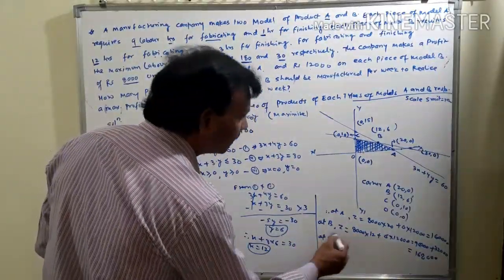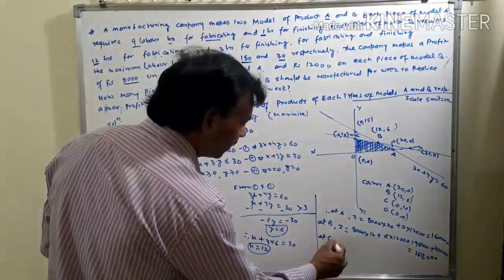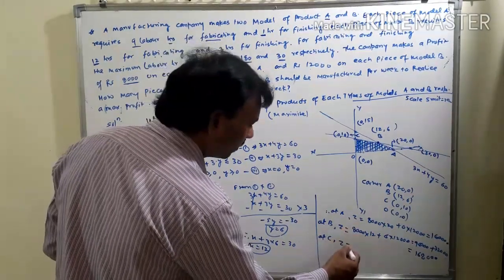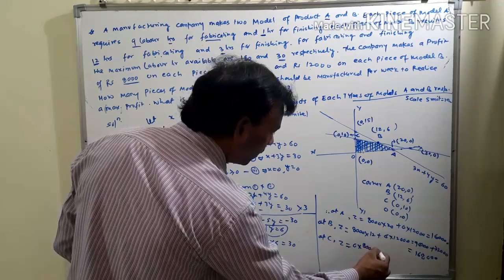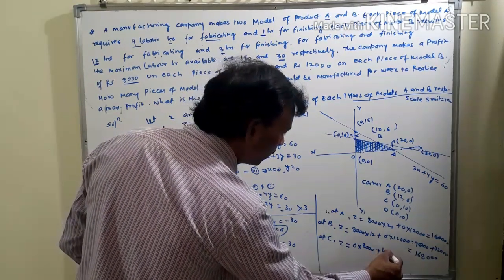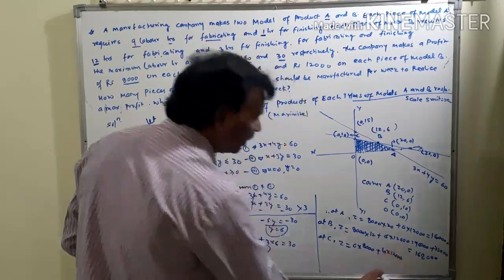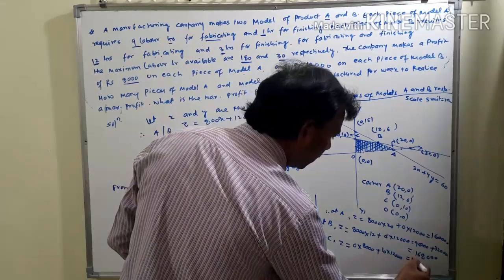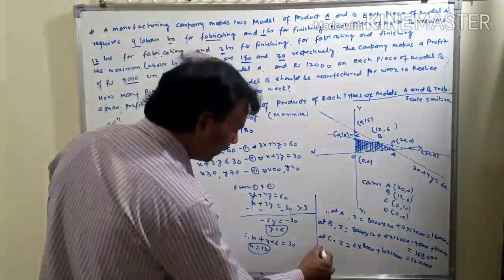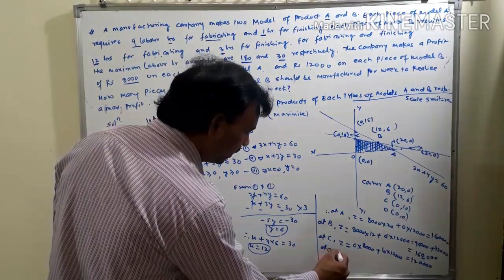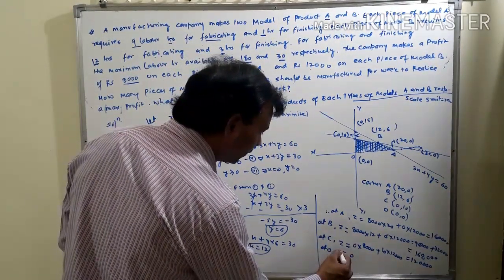At C, z equal to 0 into 8,000 plus 10 into 12,000, which will be 1,20,000. And at O, z equal to 0.